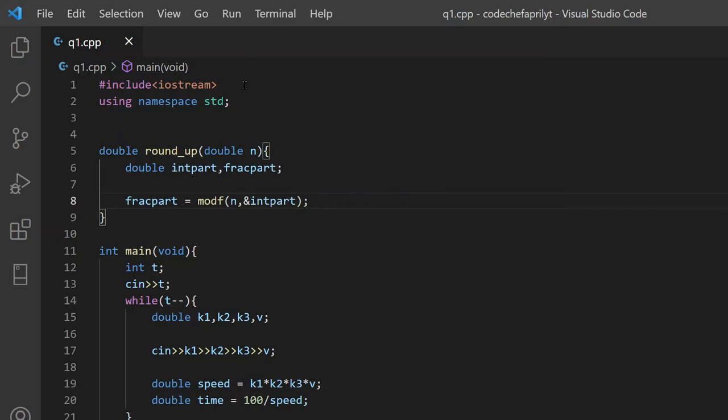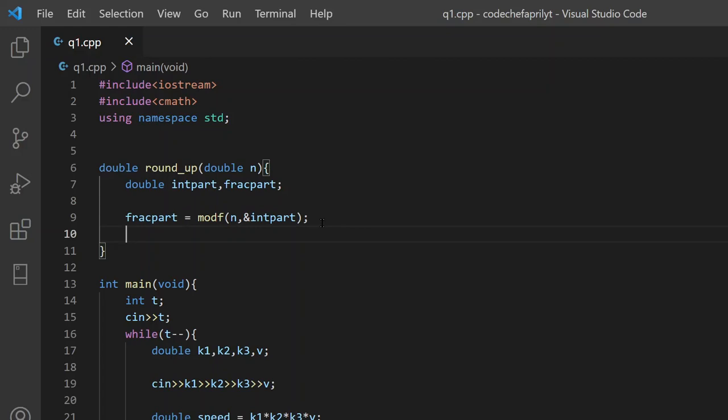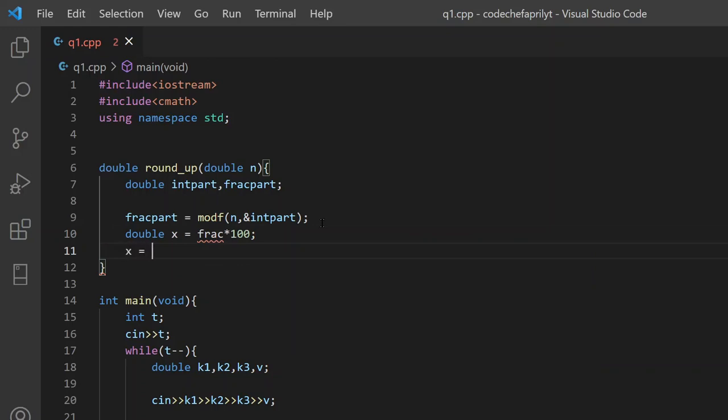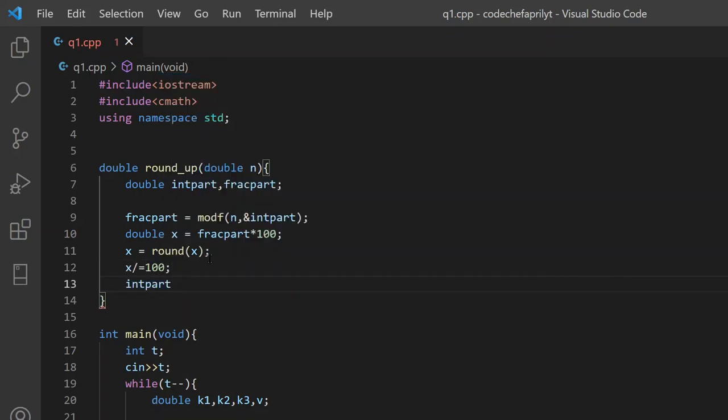We'll include the math library here. After getting the fraction part and integer part, we are going to declare a variable called x, which will take fraction into 100, and then we round that value, and after rounding we divide it again by 100, and then we add it to the integer part.